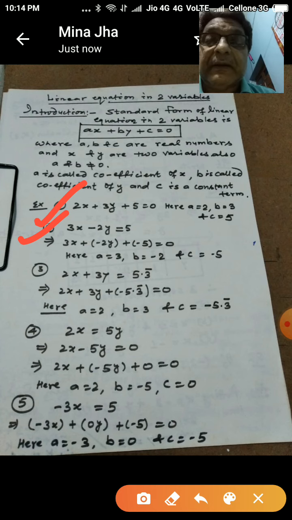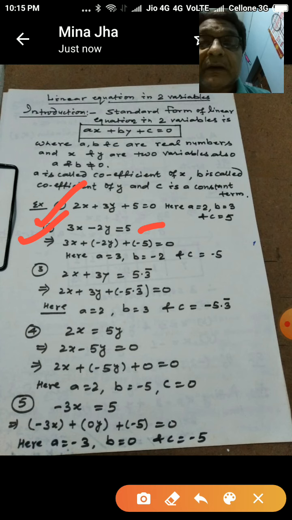Similarly, we will bring the constant 5 from RHS to LHS, as in standard form the constant term is on the LHS. It will come with a minus sign, so to write it with plus, we write plus under bracket minus 5 equal to 0. Now it is in standard form, so here a is 3, b is minus 2, c is minus 5.